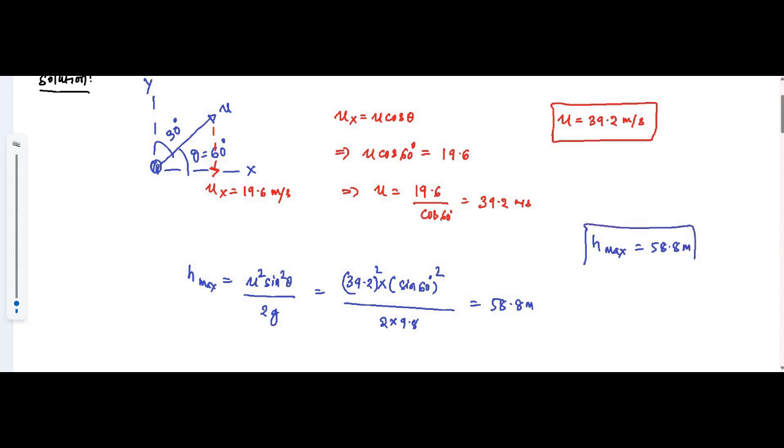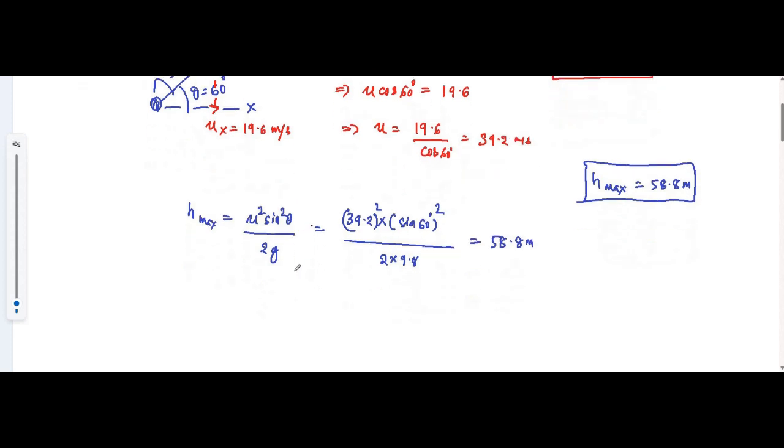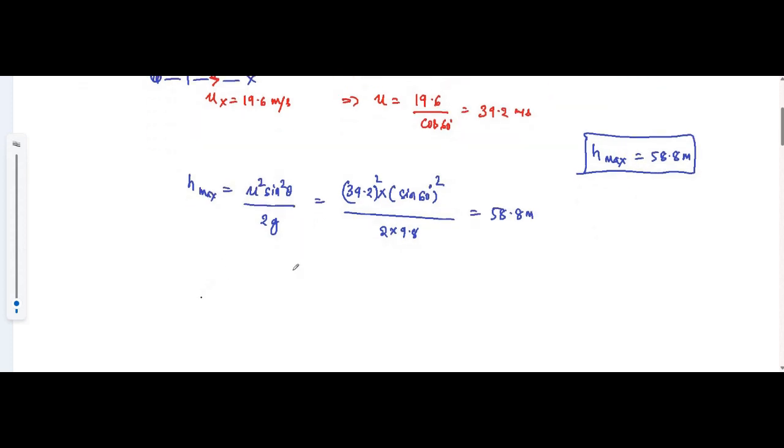Then we have the horizontal range. So the horizontal range formula is equal to u square sine 2 theta by g.